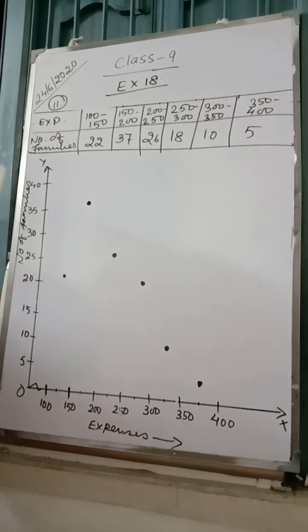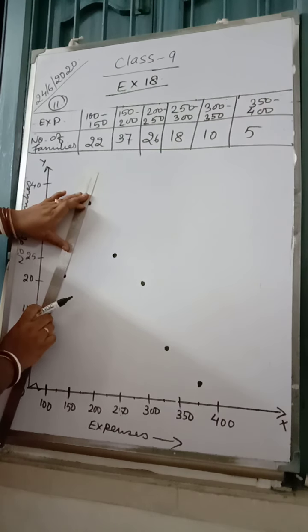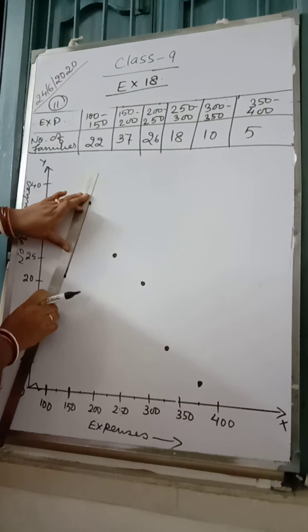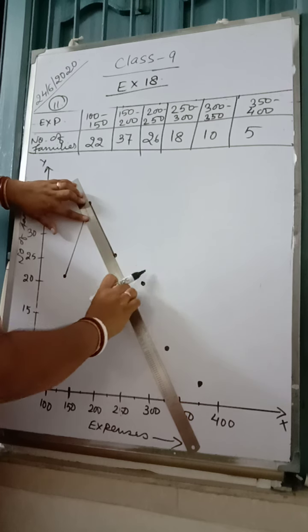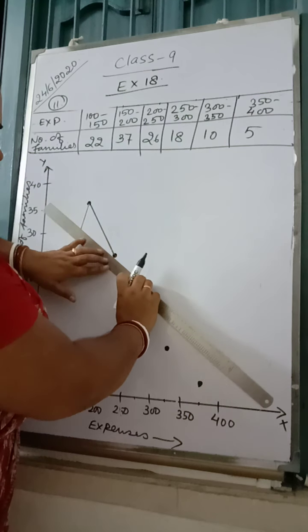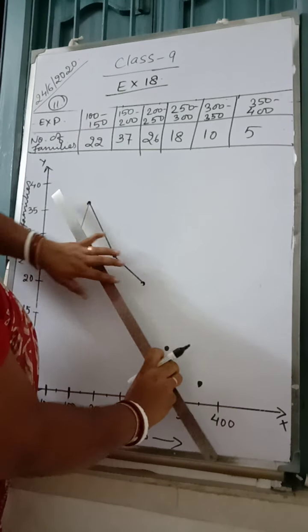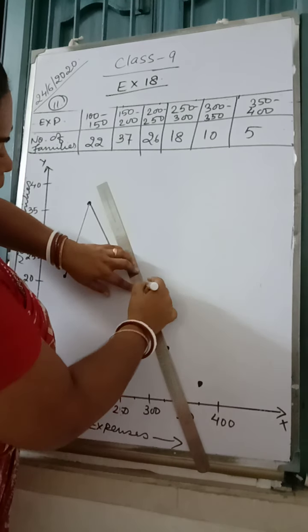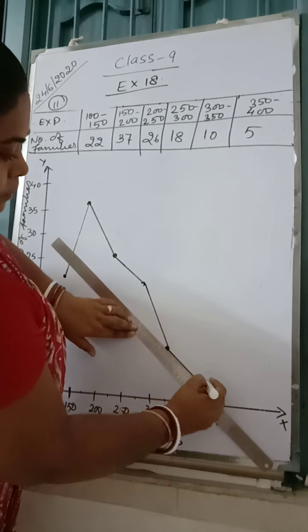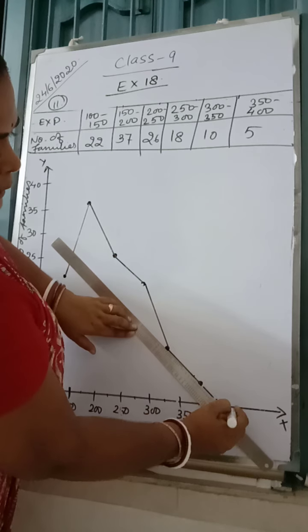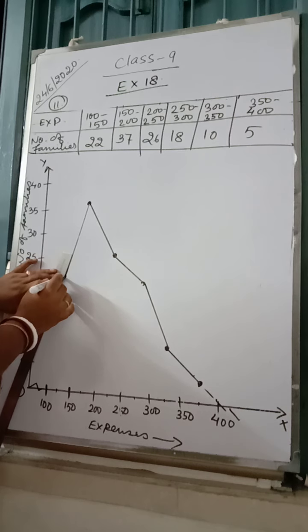Now I just have to join these. Then a dotted line, as I have told you, this side also I have to construct a dotted line.